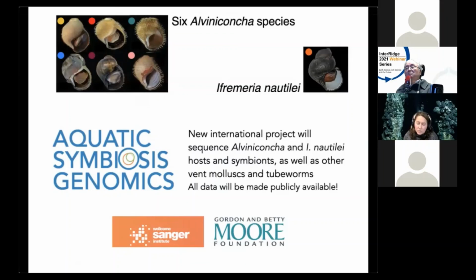This is a collaborative project funded by the Moore Foundation with the Sanger Institute. So we will have these genomes forthcoming, which will be very exciting. And all this data will be publicly available for anyone to use. I also will note that there are other vent mollusks and tube worms that are part of this project broadly as well. So exciting for vent symbioses in the near future.